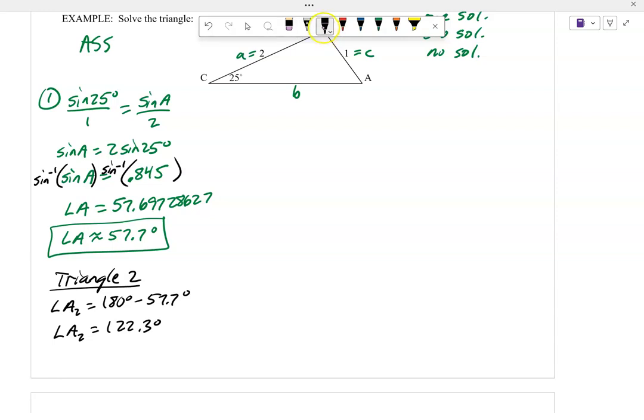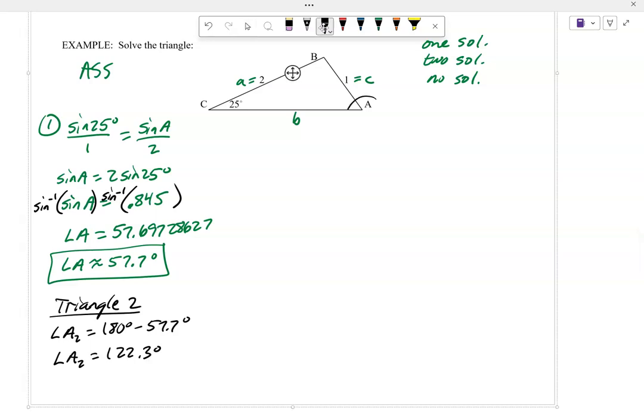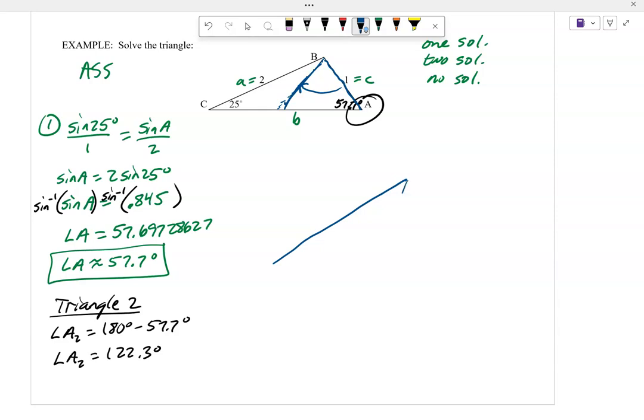And could that work? Could I have a different angle A that's not the 57.7, the acute angle? In other words, could I take this arm and swing it over so that this still stays a length of 1? Yes, I could. And so that's my angle A2, 122.3 degrees.